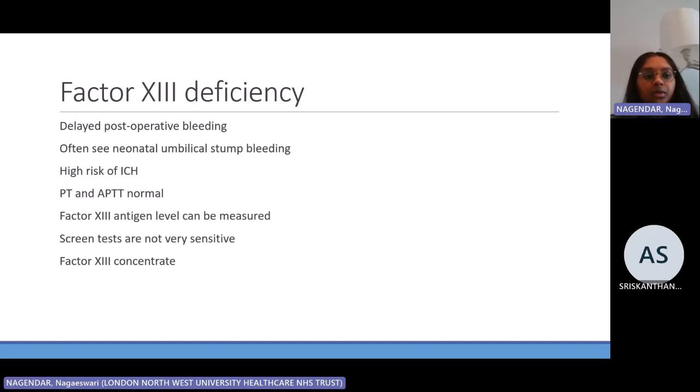In these patients, the prothrombin and APTT times will likely be normal, and you can measure the factor 13 antigen level. So you can treat them with factor 13 concentrate, which has a longer half-life. So they can be treated once a month, often with prophylaxis replacement in severe cases. And again, screening tests are not the most sensitive.